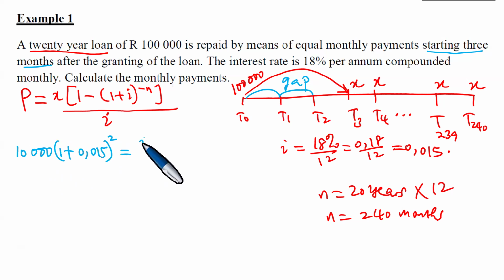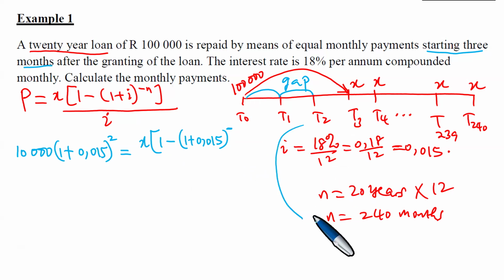And then it is x, 1 minus 1 plus 0.015 raised to the power. Now if we move everything here, we shall deal with the period 240 minus 2, giving us 238.